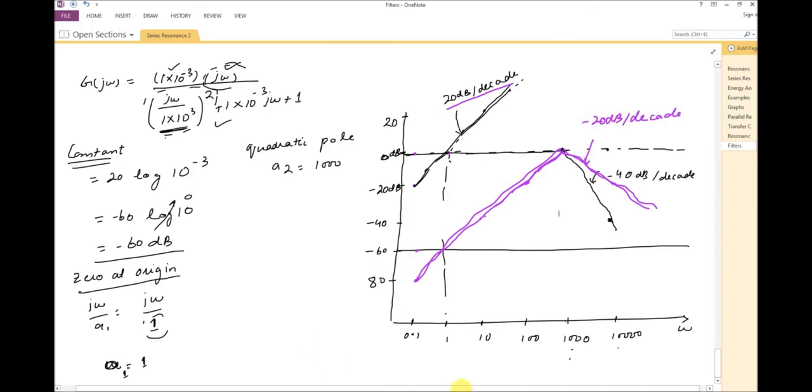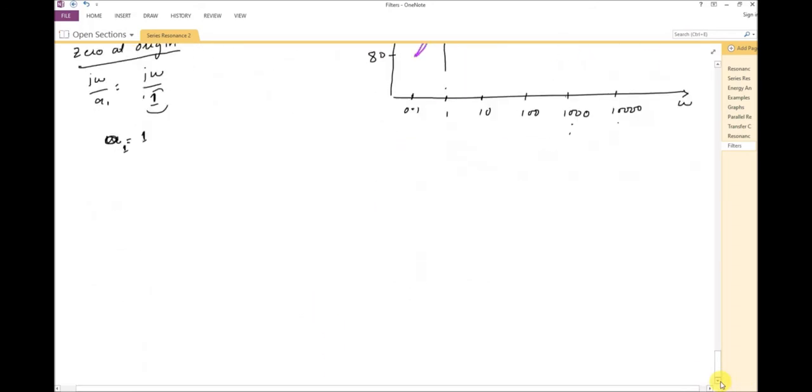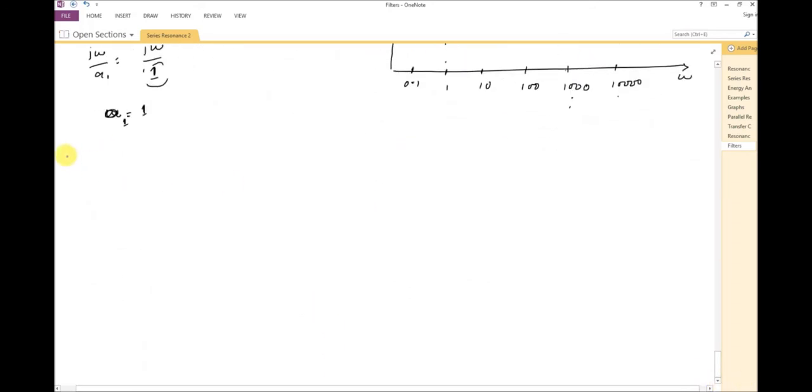So if I have to calculate the cutoff frequencies for the band pass filter, we know the formula for the lower cutoff frequency. It is equal to ω_L = −R/2L + √((R/2L)² + 1/LC).